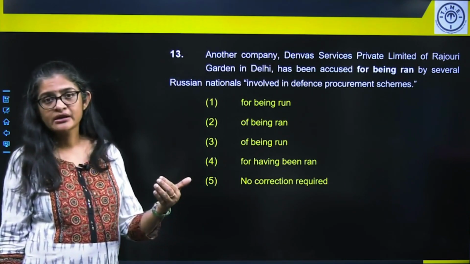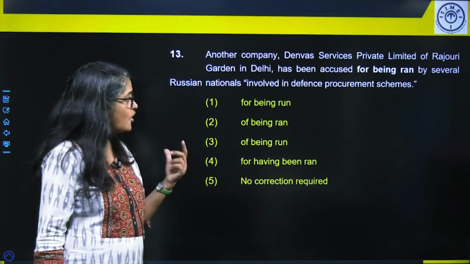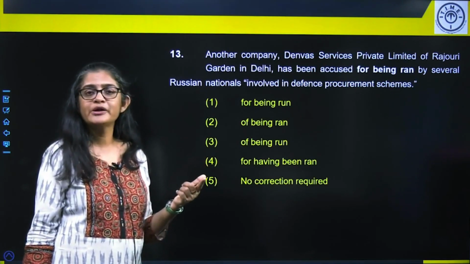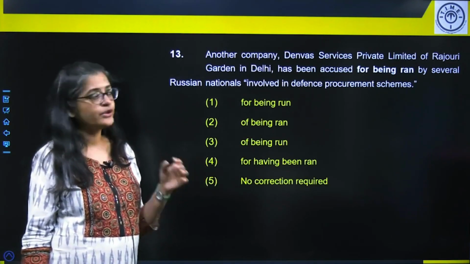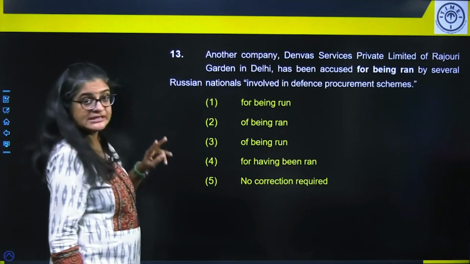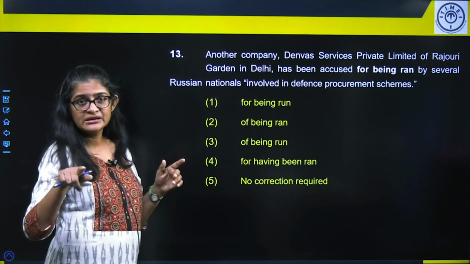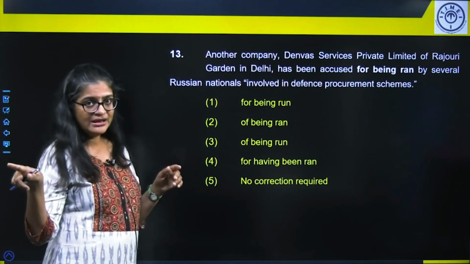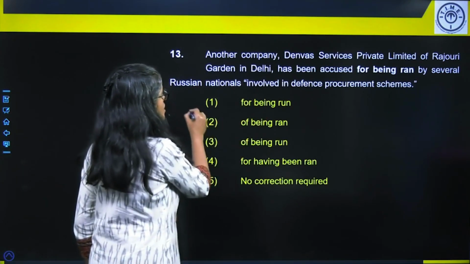Being will be followed by what? The past participle form. Past participle form of run is what? Run, ran, run. So, accused for being run.